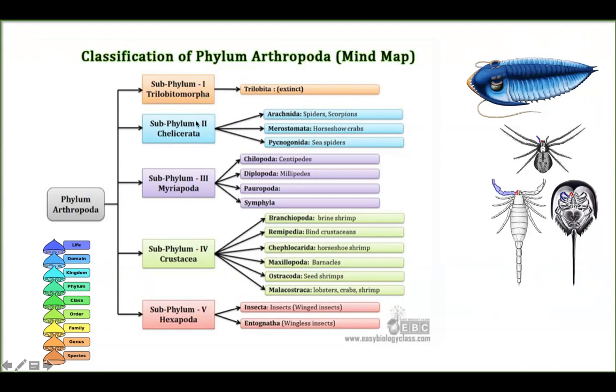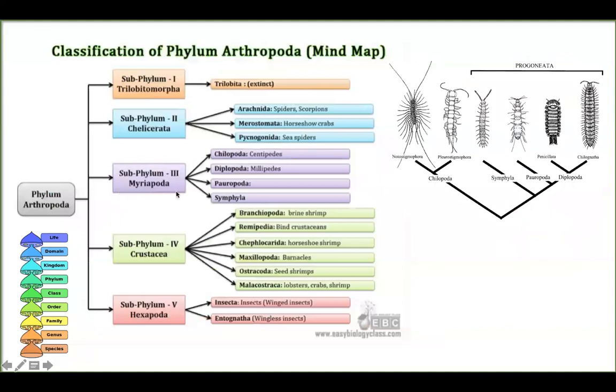Then you have the subphylum Chelicerata. The classes under it are Arachnida, which includes spider and scorpion; then Merostomata, that is horseshoe crab; and Pycnogonida, that is sea spider. Here are the examples. Another subphylum is Myriapoda.